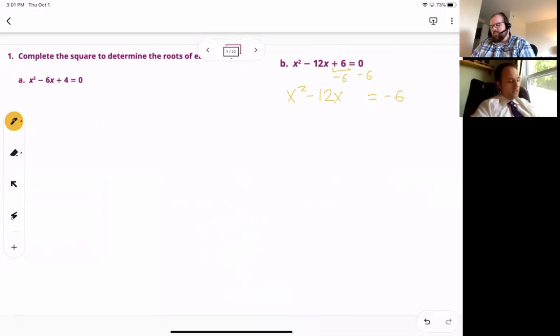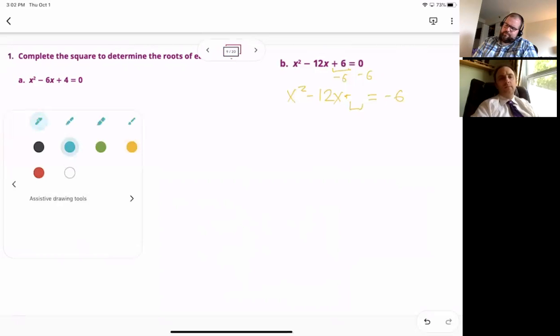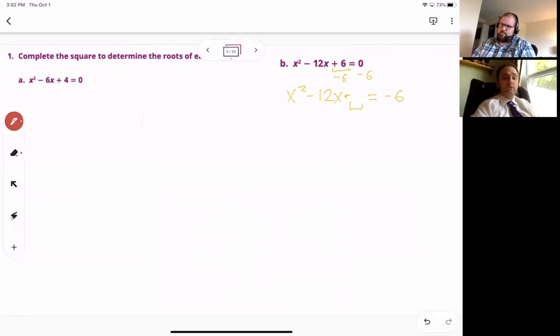That's true. I also left some space there because I like thinking about this as I know something is going to go there, but I don't know what it is yet. And so this harkens back to when I said you might realize a relationship between the 10 and the 25 and gave you a hint of the number 5. So here I've got, instead of a 10, a negative 12.